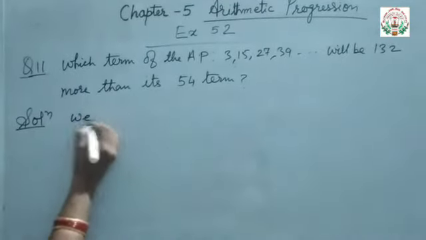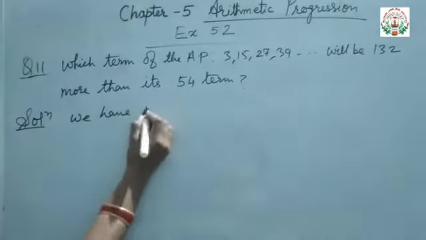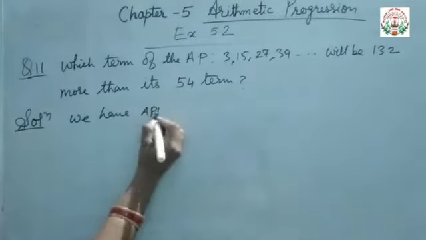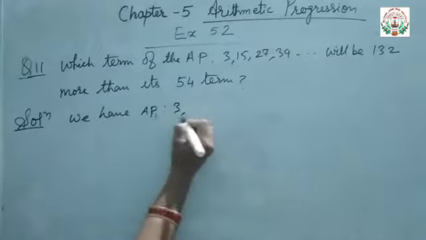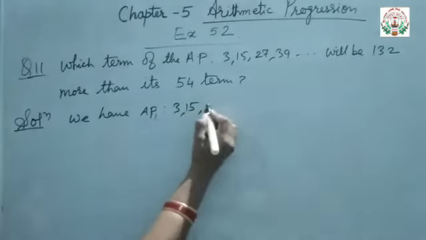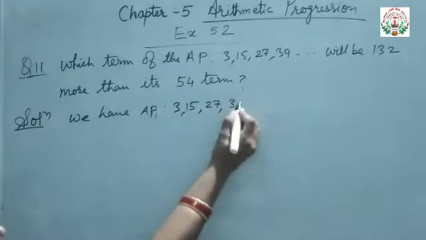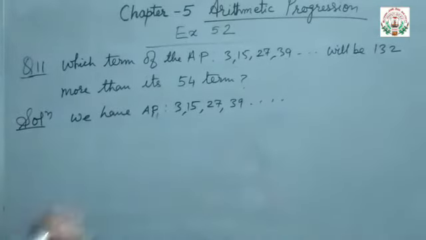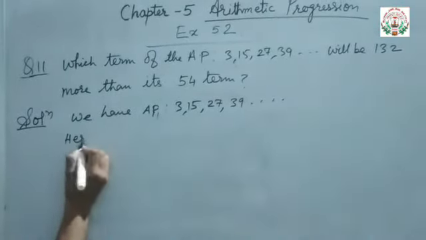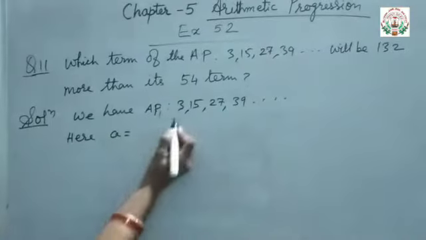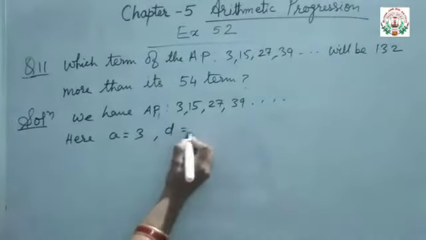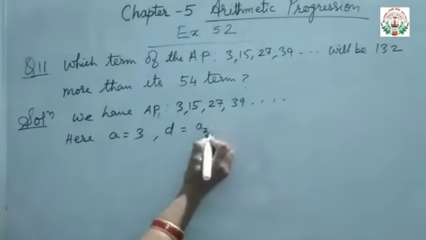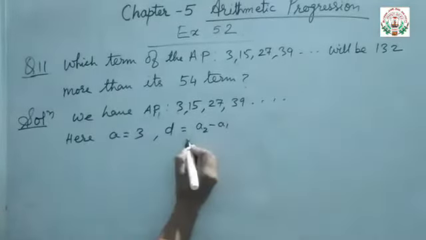We have the AP series as what? 3, 15, 27, 39, dot dot dot. So here you can write A, that is the first term, is how much? First term 3, and the common difference is what? A2 minus A1, which is equals to how much?